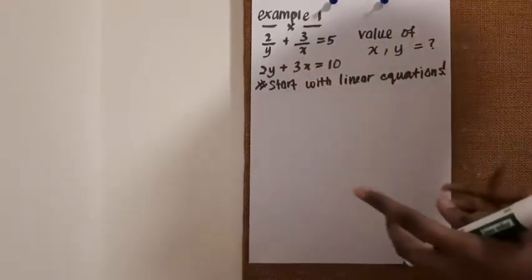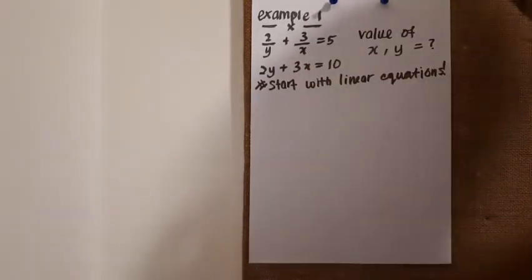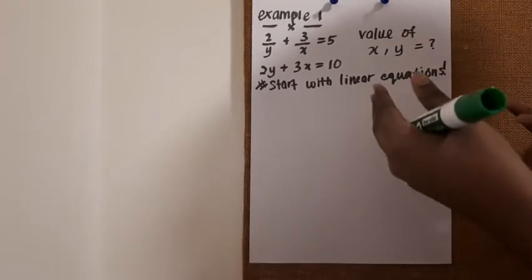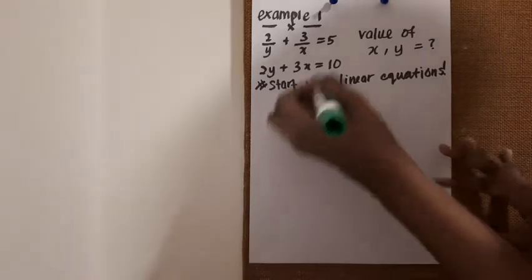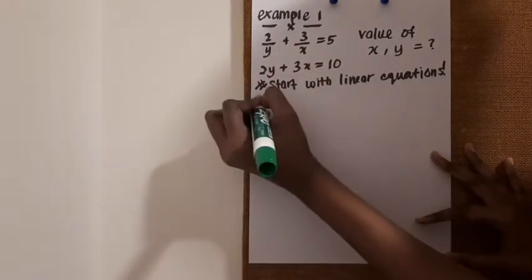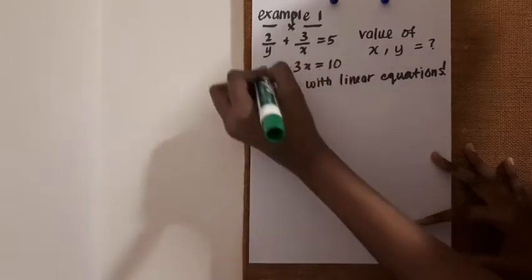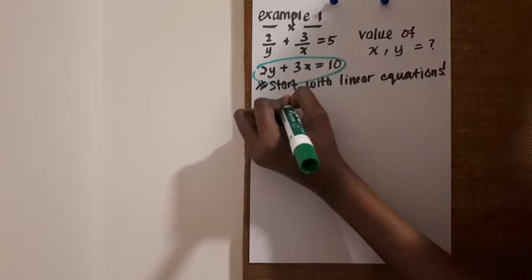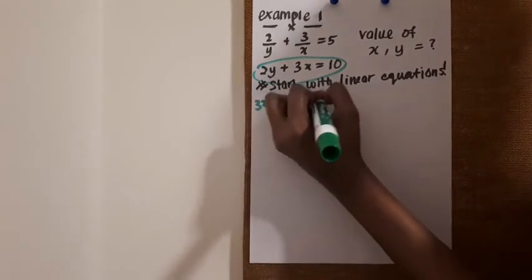We can always make x or y the subject. You can choose x or y. Right now I'm just simply choosing x. So with this equation here, let's make this 3x plus 2y is equals to 10.